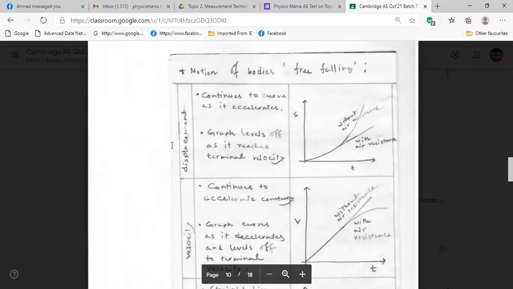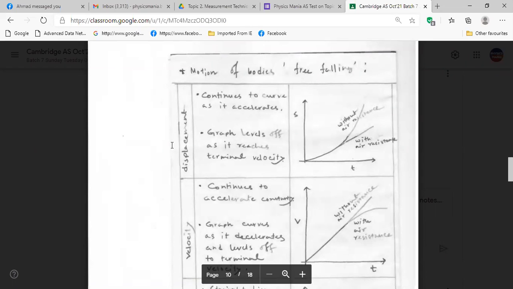See, this one is a nice and wonderful comparison of different graphs. Previously, in O level, you also got distance time graphs and speed time graphs. That time you got a similar shape of the graph, but the motion is different, right?